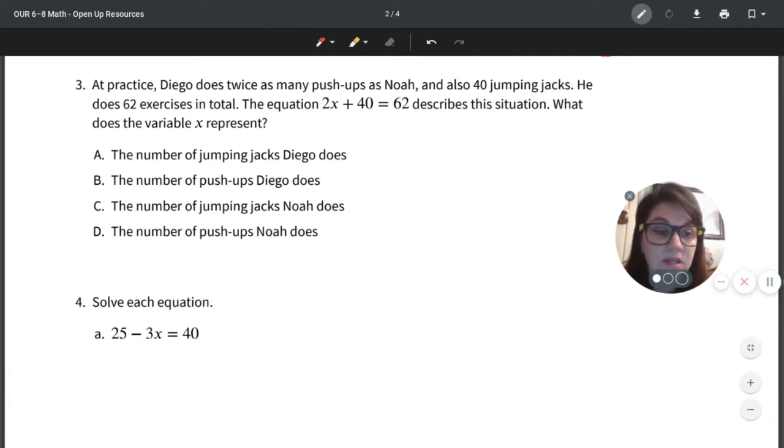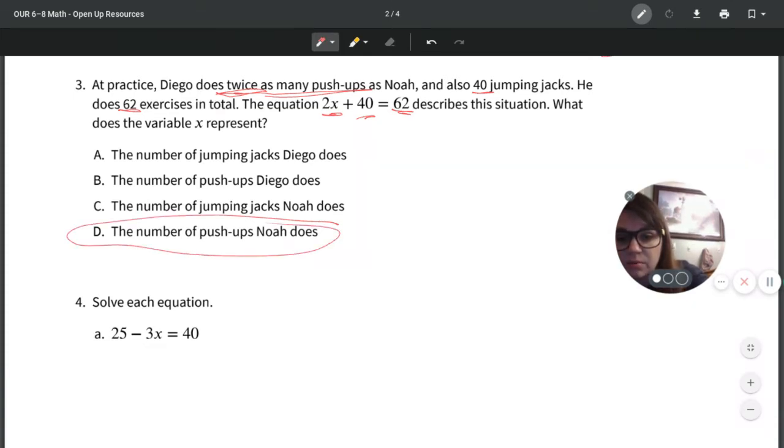Well, for this one, you don't even need to do math. You just need to figure out what x represents in this situation. And since we go back in the problem, we read he does twice as many push-ups as Noah, and also 40 jumping jacks for a total of 62 exercises. We'll see the only part we're missing is push-ups. So for this, x represents the number of push-ups that Noah does.